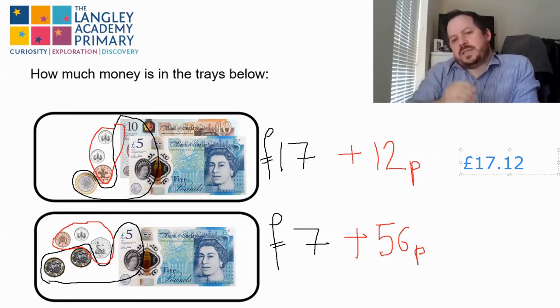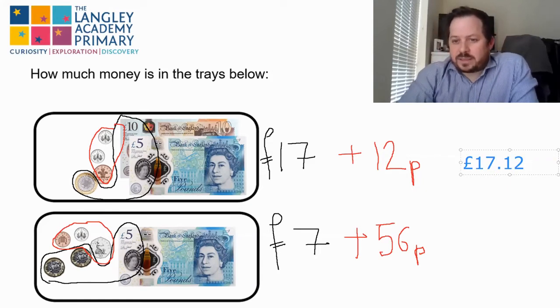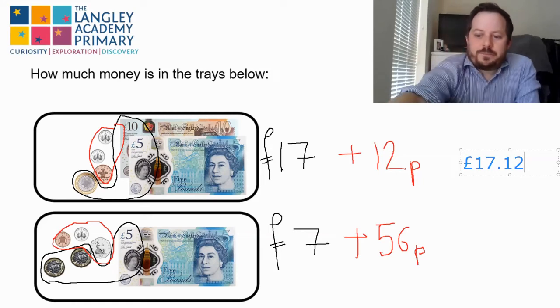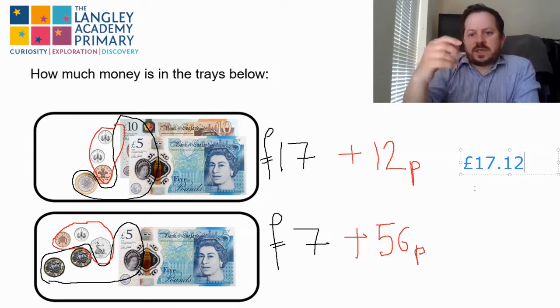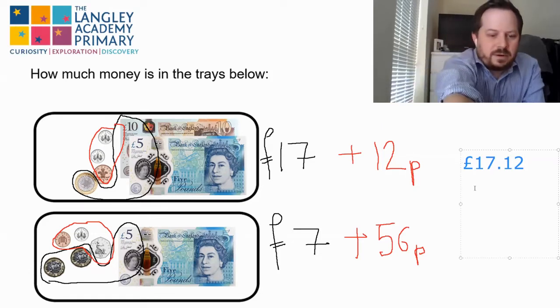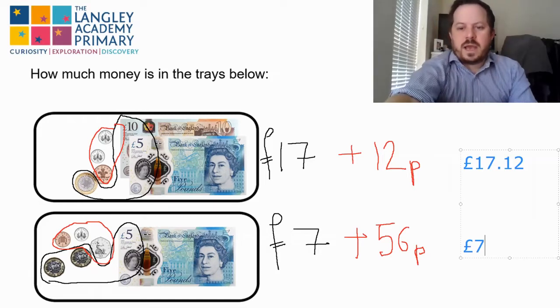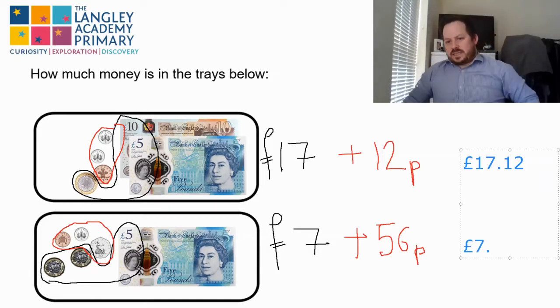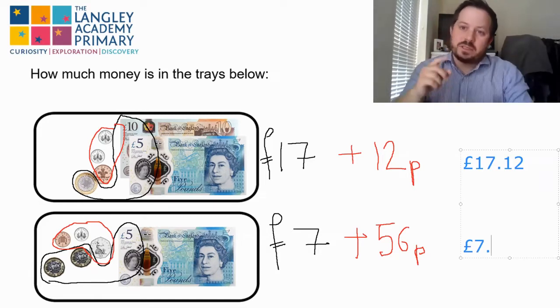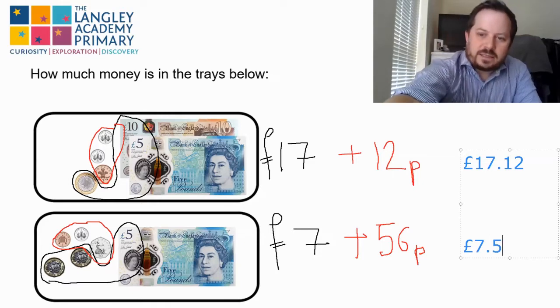So 17 pounds and 12 pence is £17.12. The same can be said for the second one. How many pounds do we have to begin with? We have 7, and then we have 56p, which is the same as 56 hundredths, which is the same as 5 tenths and 6 hundredths.